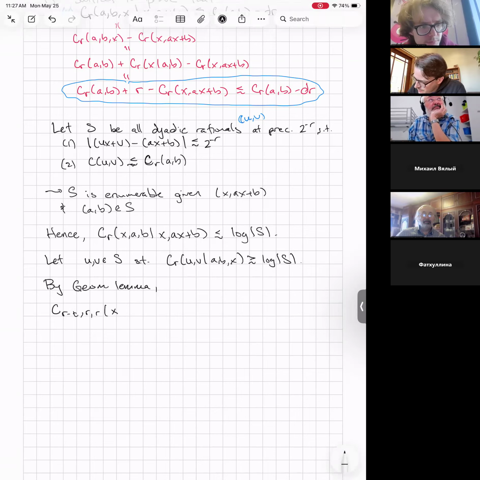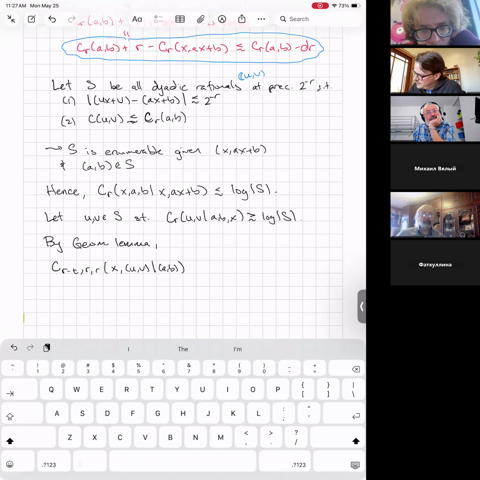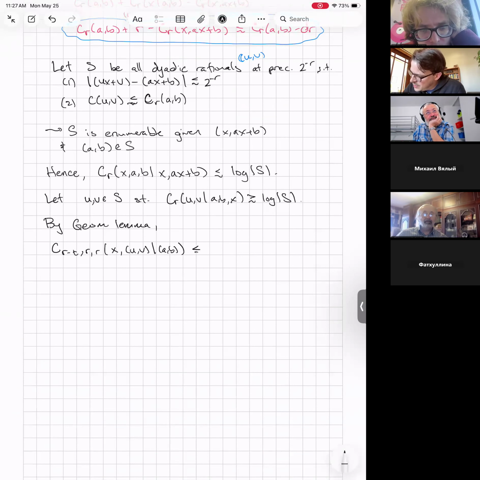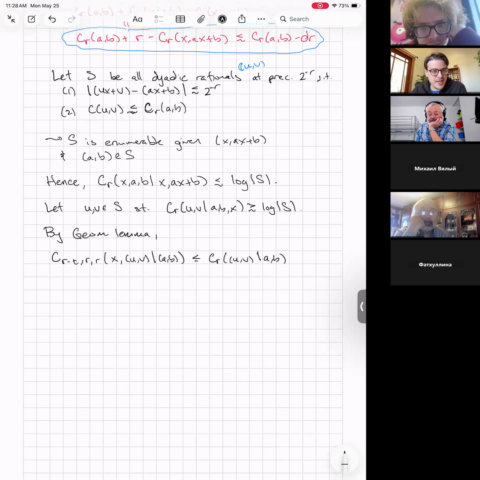If I know my line a, b and I know the line u, v, then my geometric lemma says that I can compute their intersection to precision r minus t.